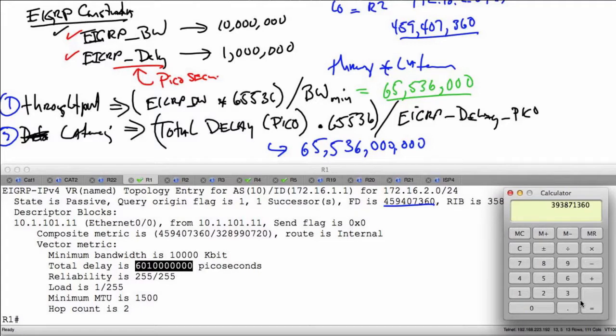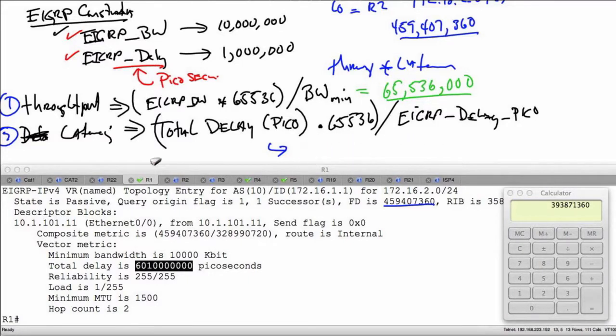That looks better. Somehow I really screwed that number up. I apologize for that.